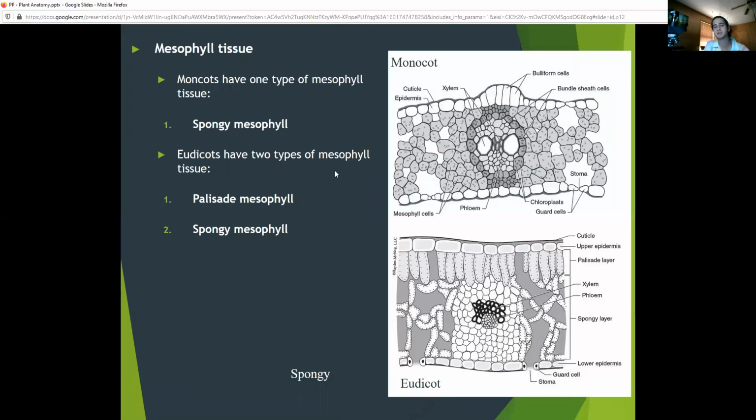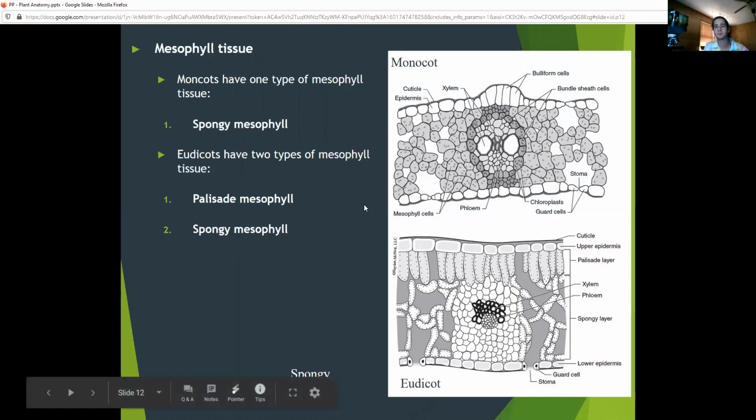Eudicots have two types of mesophyll tissue: palisade mesophyll, where it is very structured. They're rectangular columnar cells arranged in a layer, very organized, and that'll be on one side. And then they have spongy mesophyll on the other side.